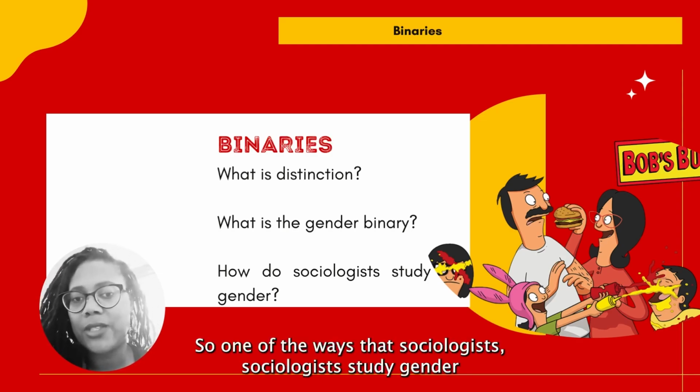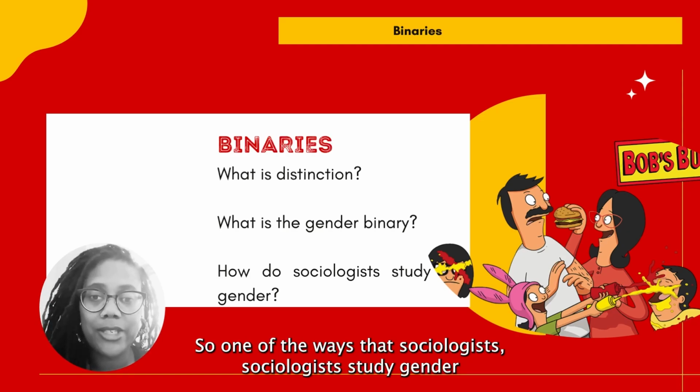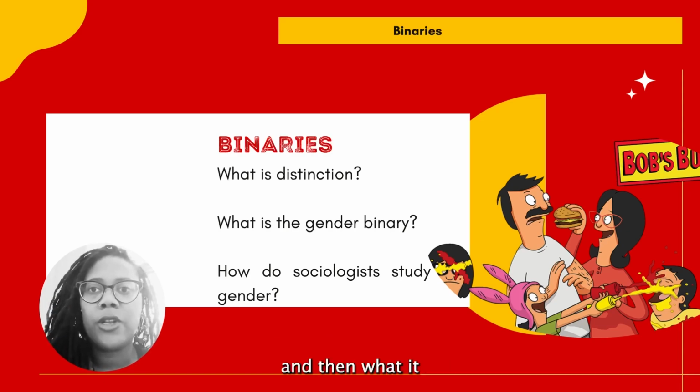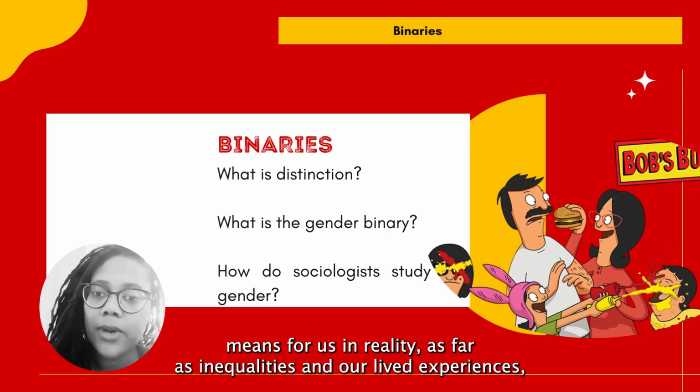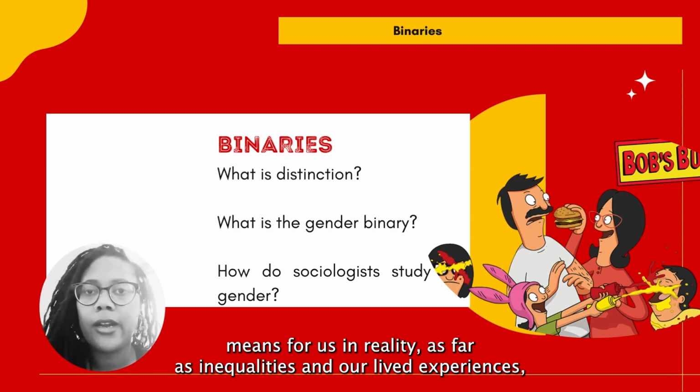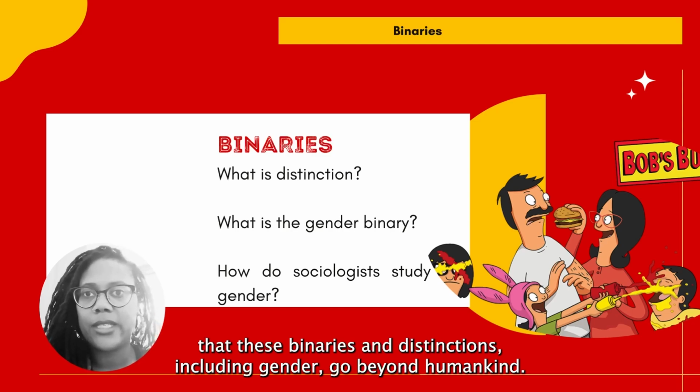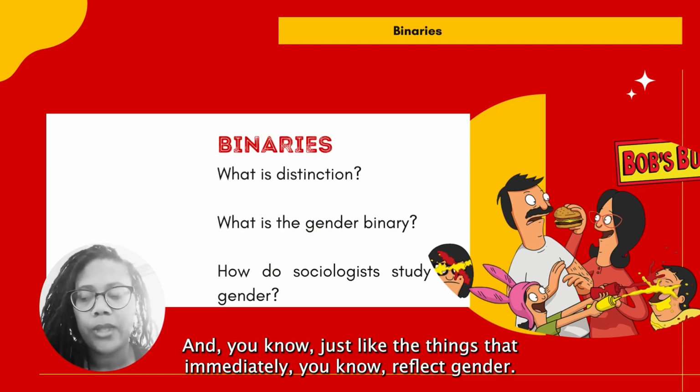So one of the ways that sociologists study gender is by determining why we have dictated these categories, and then what it means for us in reality as far as inequalities and our lived experiences, and then looking at the different symbols and the different ways that these binaries and distinctions, including gender, go beyond humankind and just the things that immediately reflect gender.